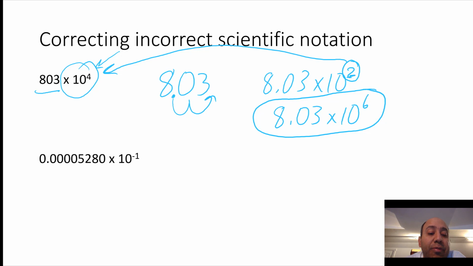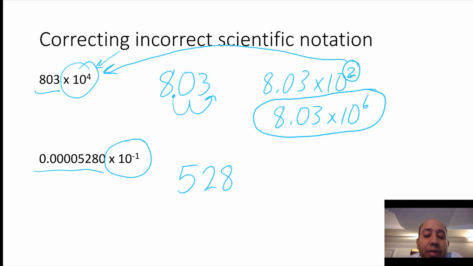So I'm going to ignore this part that I'm circling, and I'm going to just do the part here that I'm underlining, okay? Just like I've had you do previously. So you write 5280, put the dot between the 5 and the 2 to make it between 1 and 10, and you have to move it back to its original location. 1, 2, 3, 4, 5, negative 5. 5.280 times 10 to the negative 5.